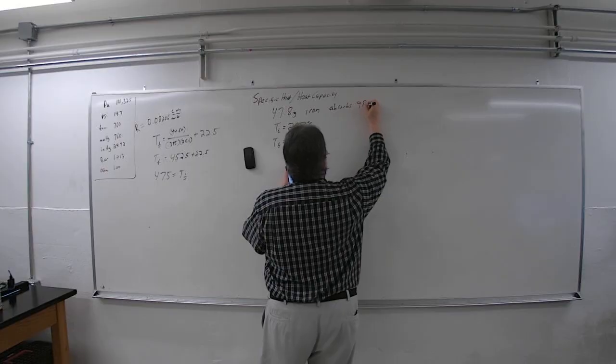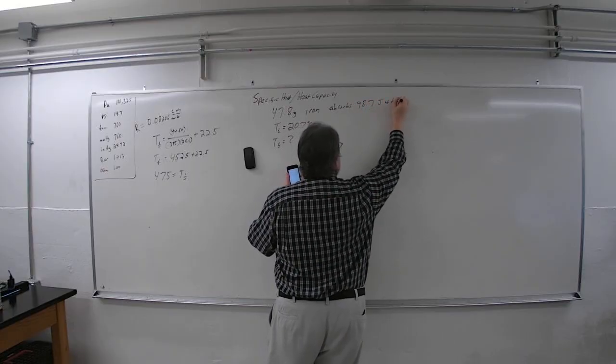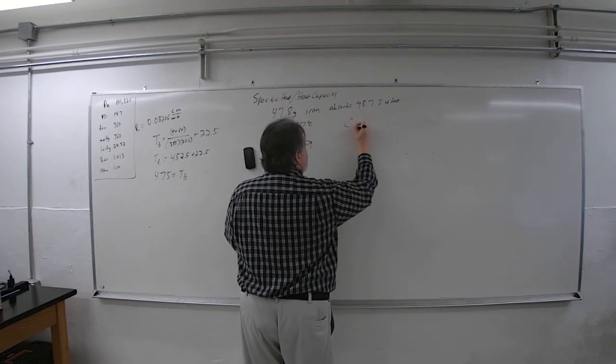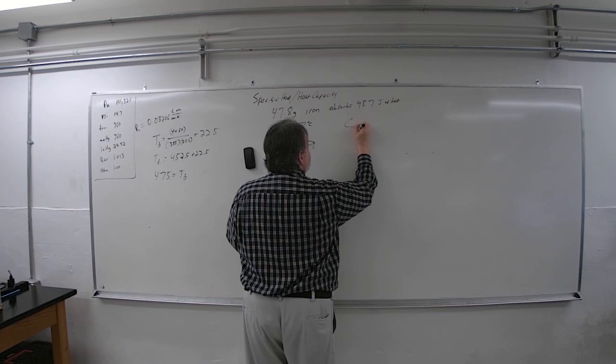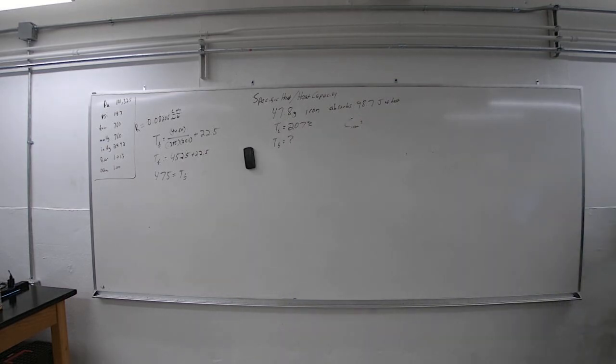Absorbs 98.7 joules. Again, we need the heat capacity. Iron is 0.449.